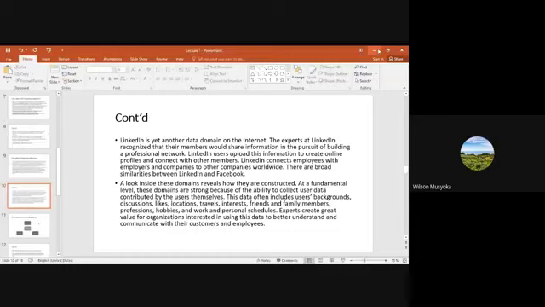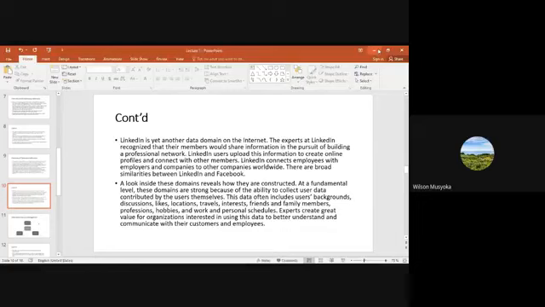Then LinkedIn is another one. They are creating a platform for professional networking, for employers and employees to connect. And by that, they have a lot of similarities with Facebook. Facebook is just for social connectivity. This one is for professional connectivity.